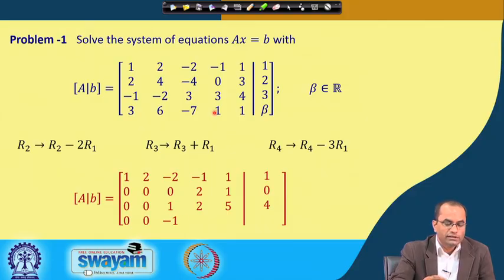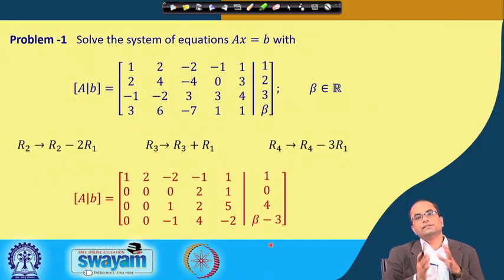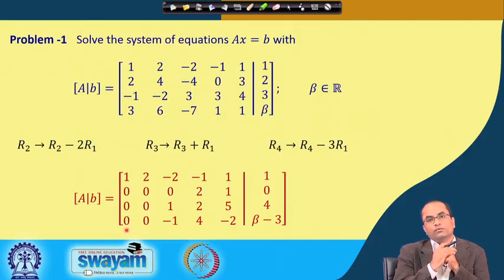So, minus 1, here 1, and then plus 3. So, 4 and 1, minus 3, minus 2, and beta minus 3. So, this is the first step of the elimination technique, that we have eliminated x1 from the equations.